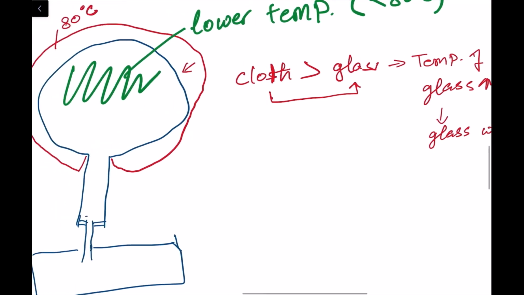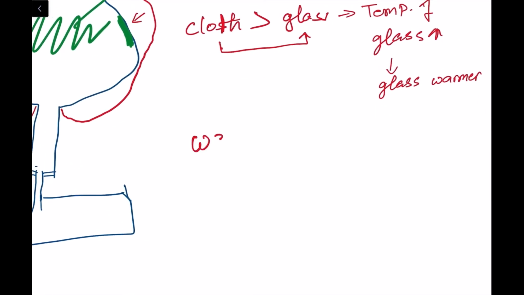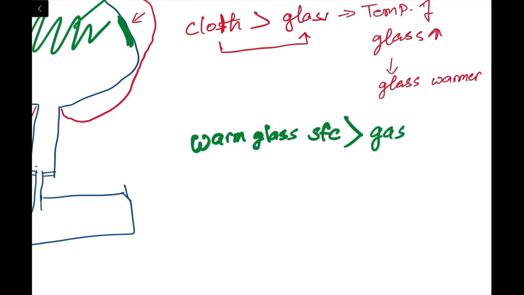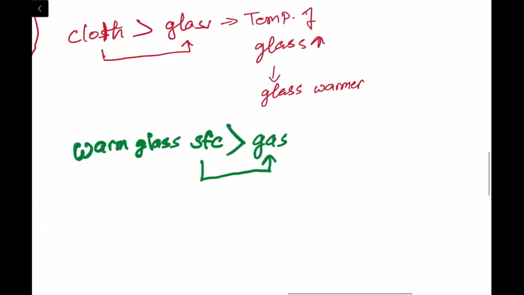Now this gas, when it comes into contact with the warmer surface of the glass, at this point of contact, would gain heat. So now we have a warm glass surface, or SFC for short, which is at a higher temperature than the gas. So heat would be transferred from the region of higher temperature to the region of lower temperature, which is from the glass surface to the gas.